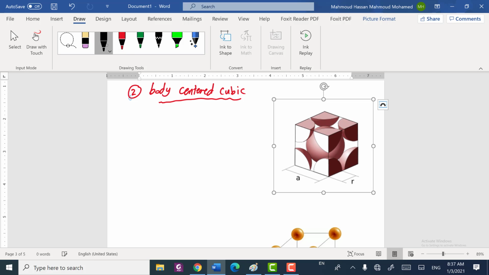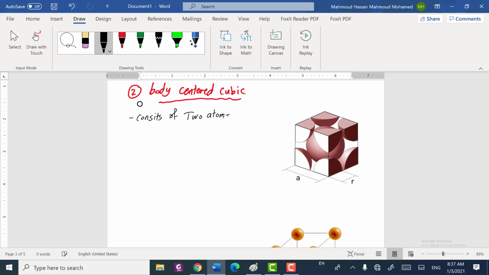Okay, this consists of two atoms per unit cell. Let's count it. As I said before, each corner atom represents 1/8 of an atom.